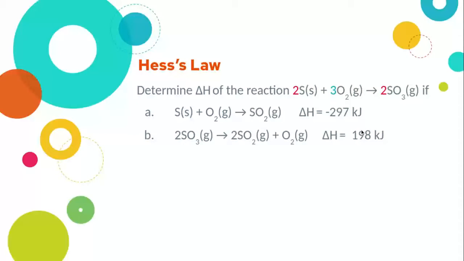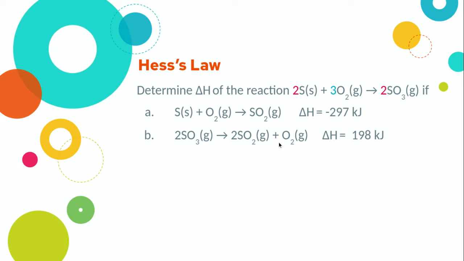So we're going to combine what we know about a set of reactions to figure out our overall reaction. I've highlighted the coefficients here because remember, enthalpy is based on moles. This is a molar enthalpy, so I have to make sure my number of moles match the equations that I'm using.